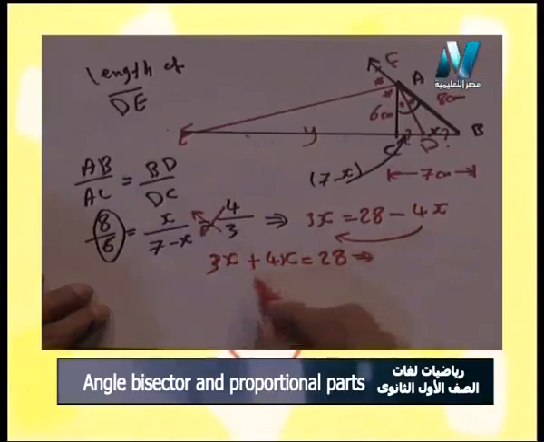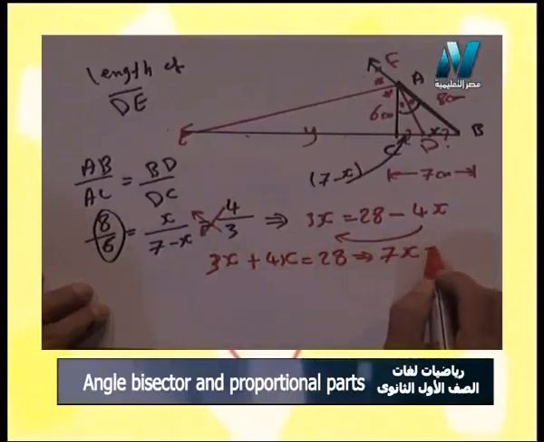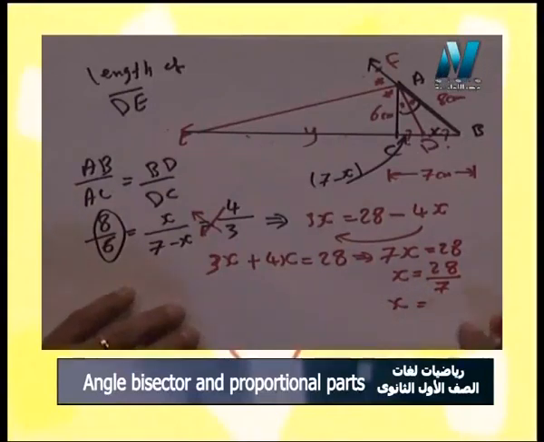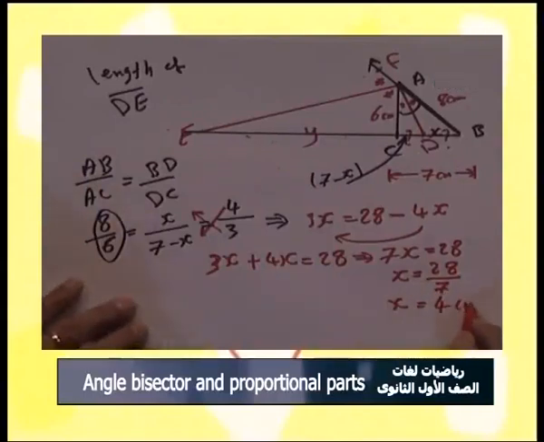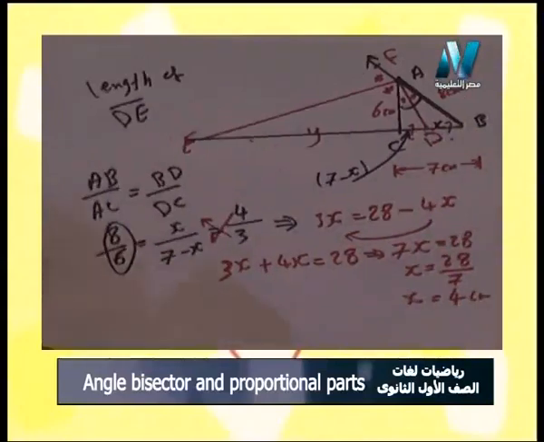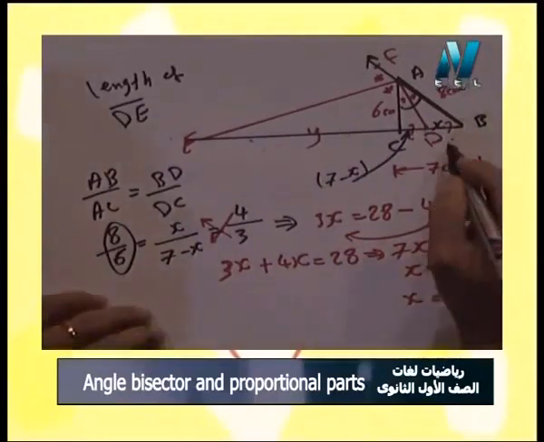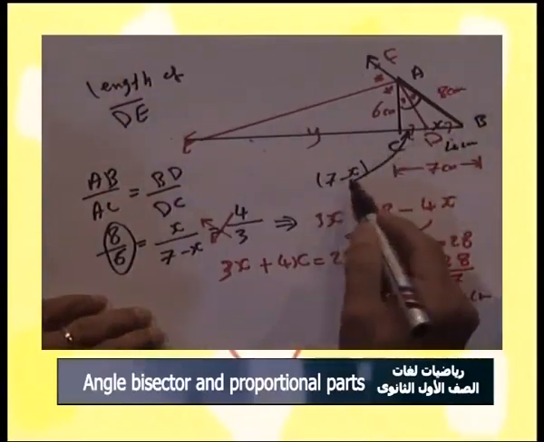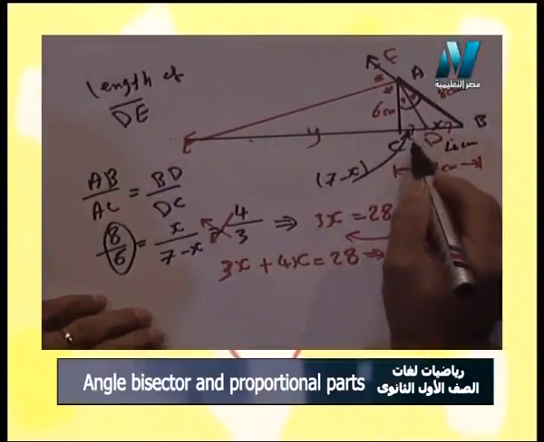So 7x equals 28. So x will be 28 divided by 7, x equals 4 centimeter. So DB equals 4 centimeter. Remember that. And DC equals 7 minus x, so it's 7 minus 4 equals 3 centimeter.